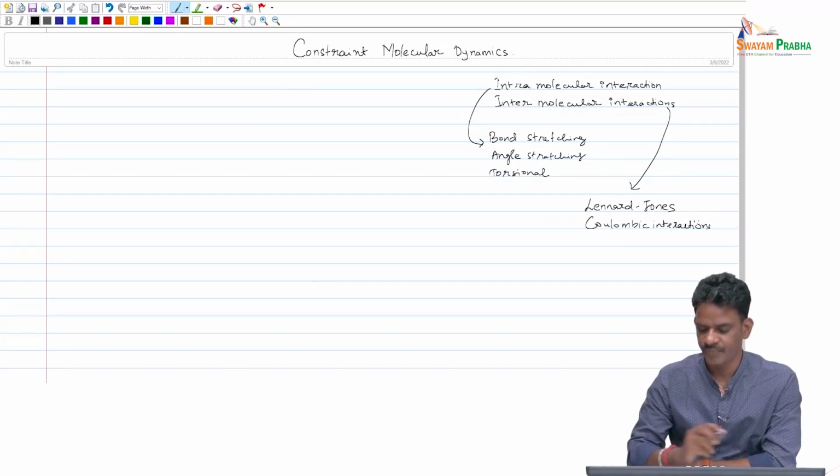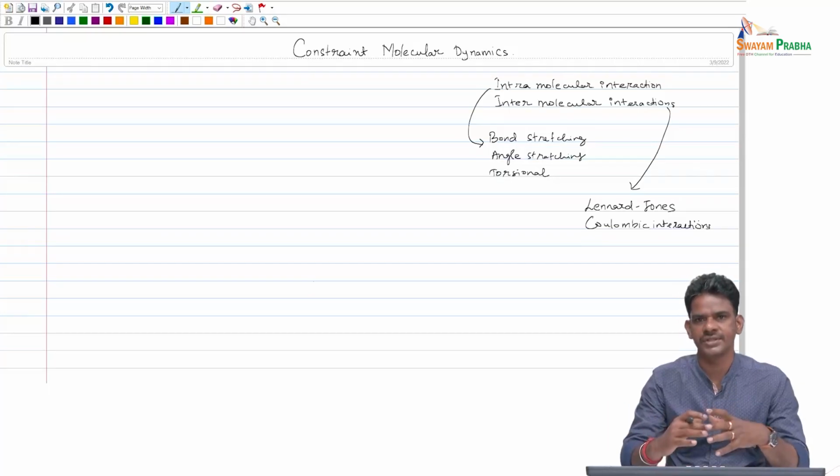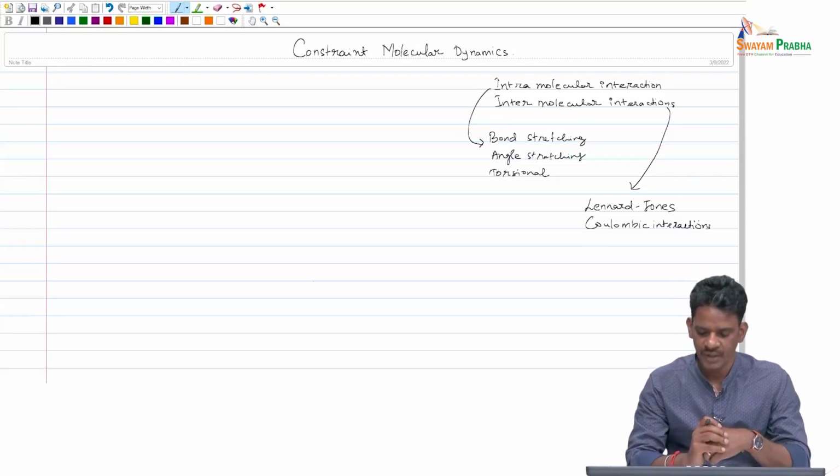So now, in principle, one can include all these interactions in simulating a molecular system.